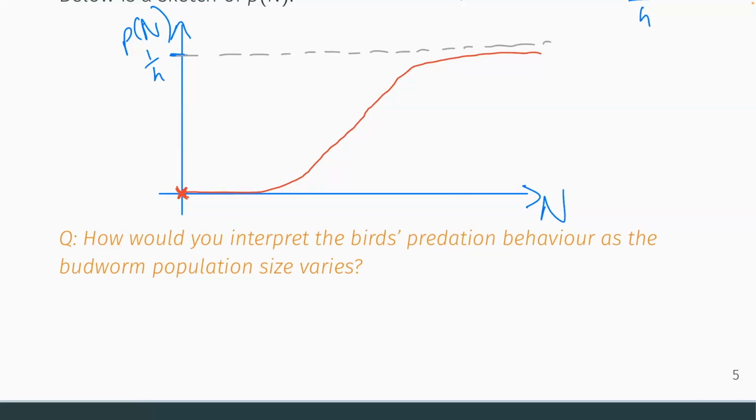Let's start with what happens when budworms are rare? Almost no predation. Okay, great. So when budworms are rare, in other words, when n is low, we have almost no predation.